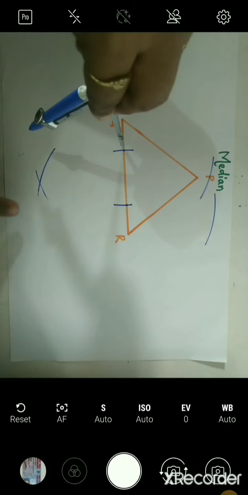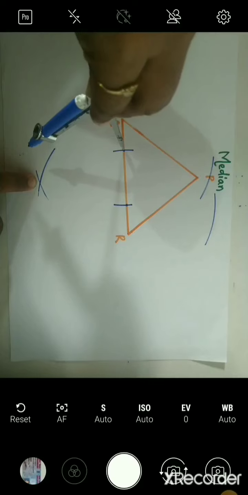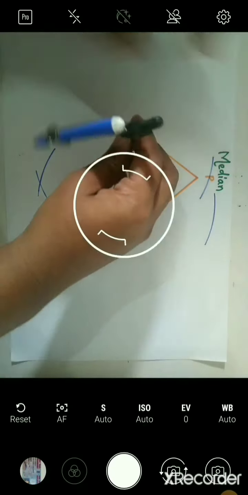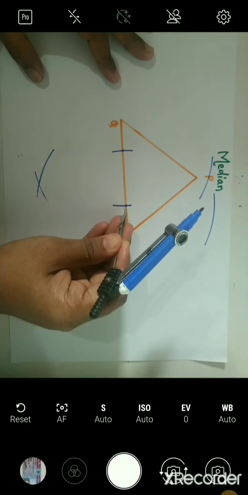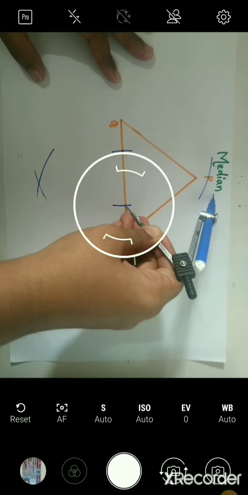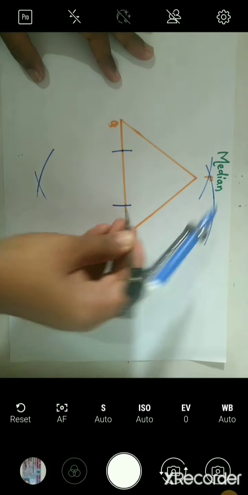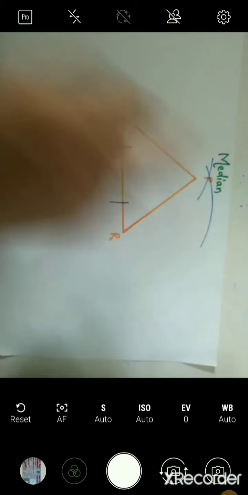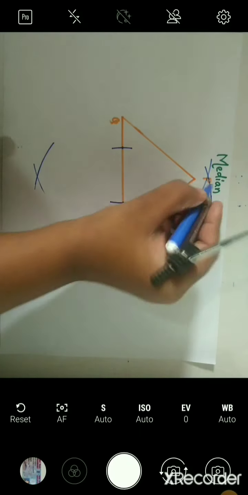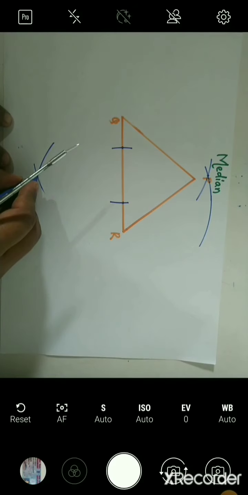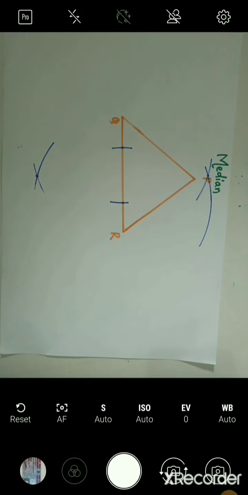Now below you can see these two arcs are intersecting, but on the upper side these two arcs are not intersecting. So again keep the pointer here without disturbing the distance and extend this arc so that it will intersect. Now you can see these two arcs are intersecting. Mark these 2 points where they are intersecting. This is the first point and this is the second point.